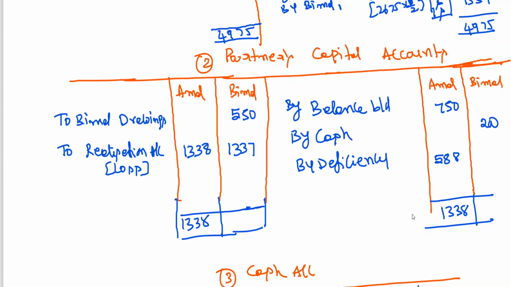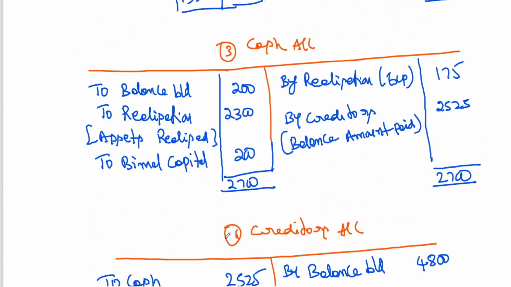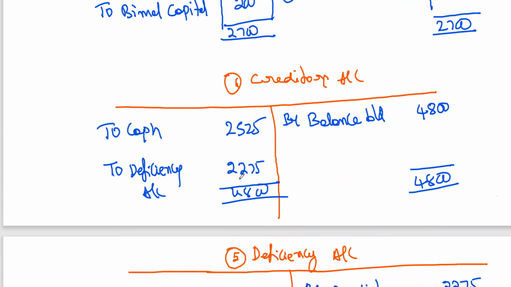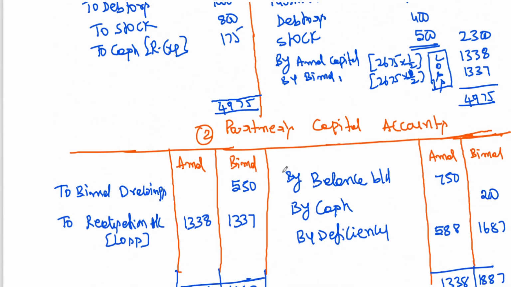1337 plus 550, 1887. 1887 minus 200 is coming to 1687. This is what they are supposed to bring. Because they are unable to bring this amount, it has become deficiency. If you want, you can cross check. 588 plus 1687 is equal to 2275. That amount we could not pay to creditors. Now deficiency account entry, what have I written here?